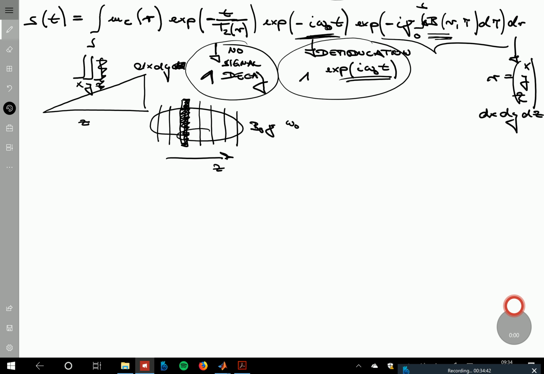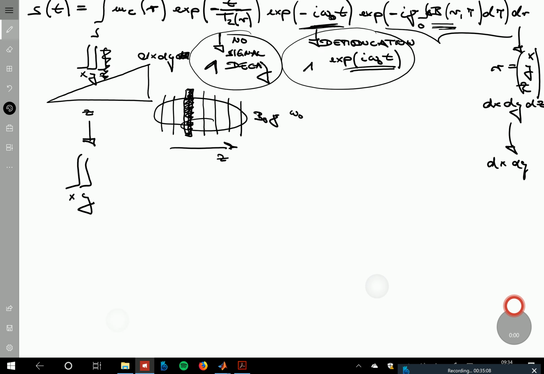So these simplifications lead to our x and y, and here to dx, dy, and then lead to the following form of the MR signal equation.